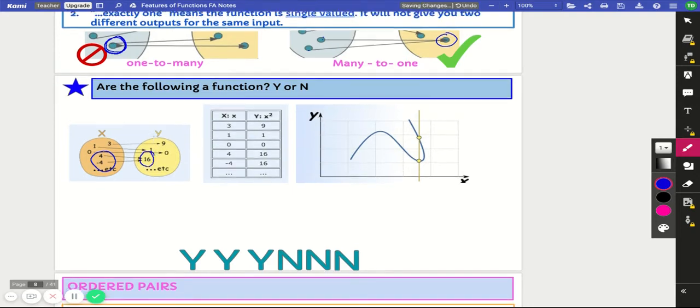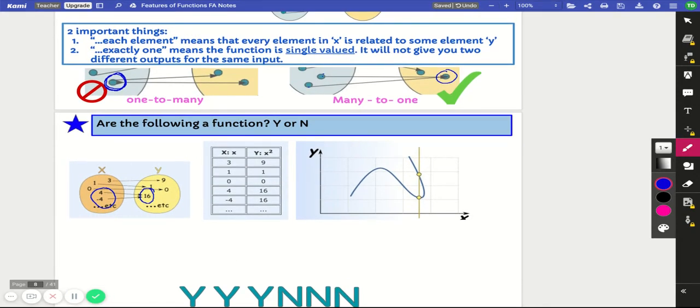If I go back and say, exactly 1 means the function is single valued, it will not give you two different outputs for the same input, that doesn't apply here because we have two different inputs getting the same output.